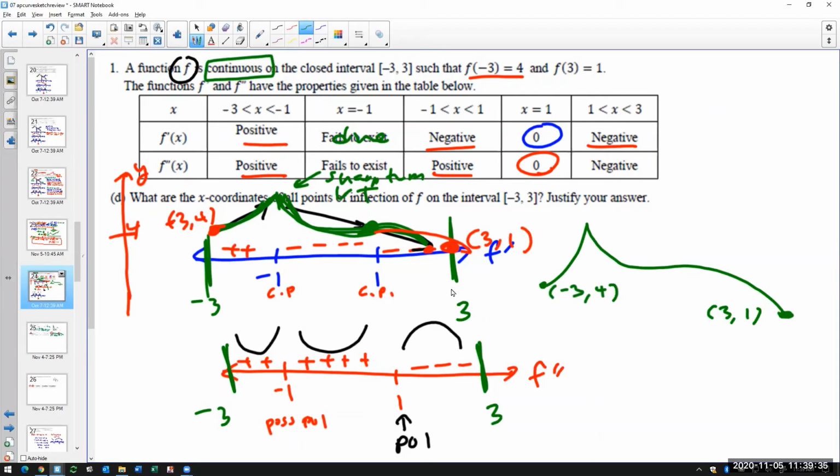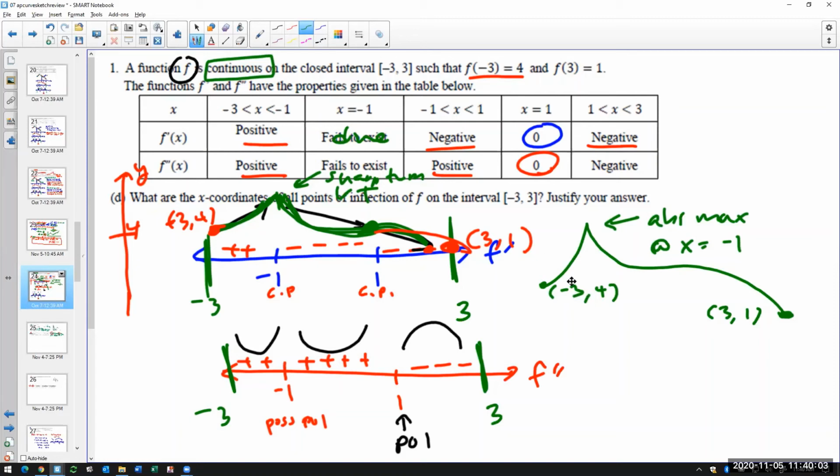Where's the highest point on this picture? It must be here. So that's why I know my absolute max is at x equals negative 1 for sure. Do I know what it is, though? I don't think I know what it is, okay? But I do know that it happens at x equals negative 1. Do they actually ask you what it is? I don't think they do. They just ask you for the x coordinates because you don't know what it is.